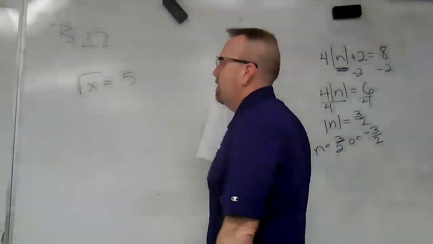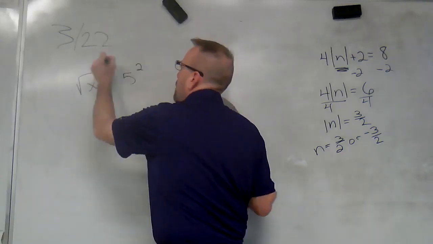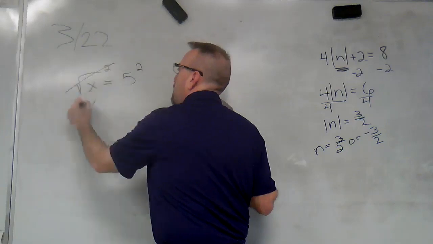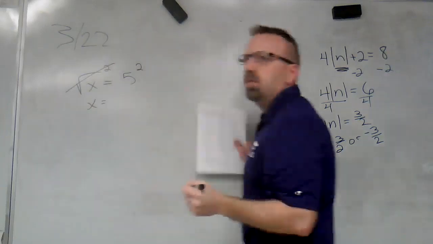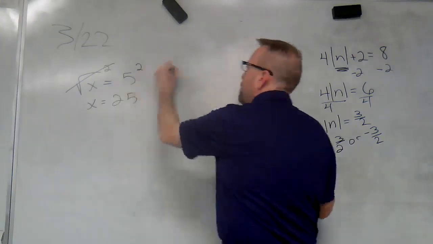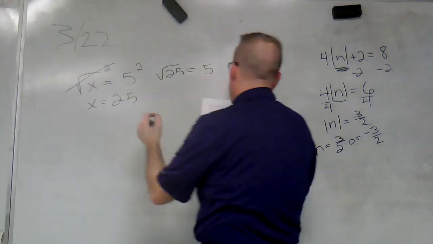So the opposite of a square root is to square. So if we square both sides, this square and this square root cancel each other out. So x equals 25. Does that make sense that the square root of 25 equals 5? Yes. So let's do another one like that.